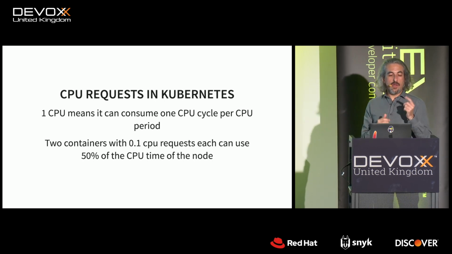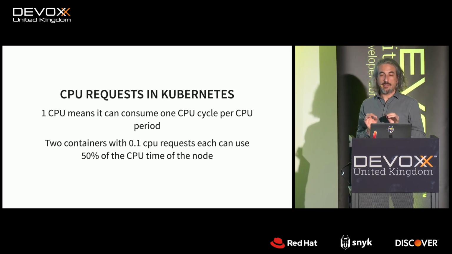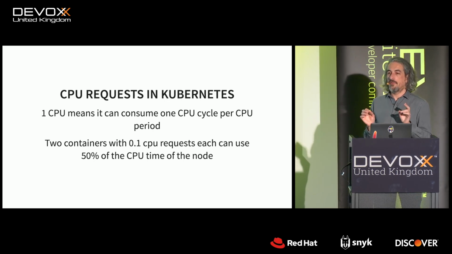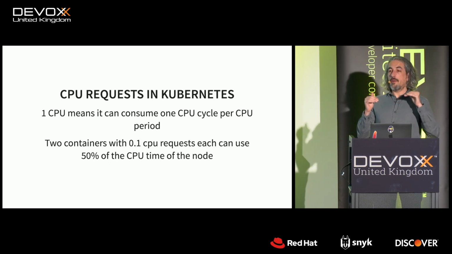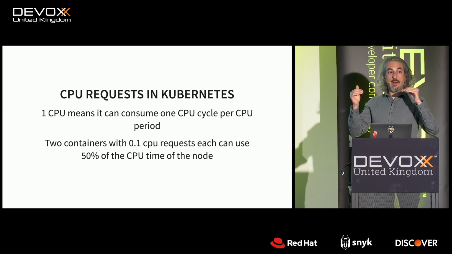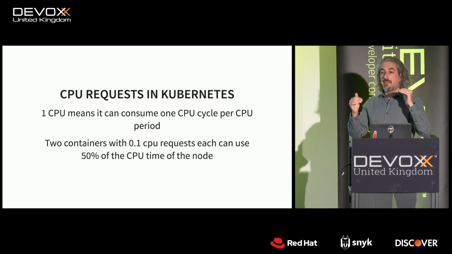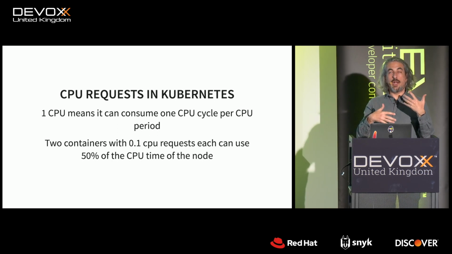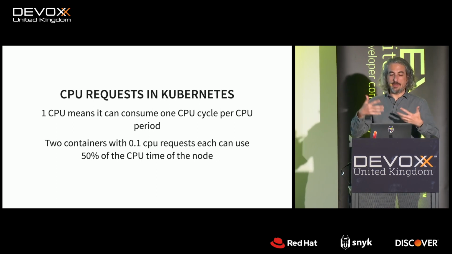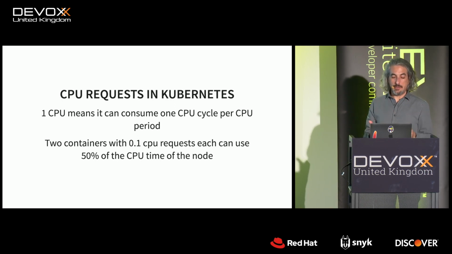So for instance, if you have two containers with very small CPU requests, 0.1, both of them are going to be able to use 50% of the CPU time of that node. So the request is a weight. It doesn't matter that much once the containers are running. What matters is the weight between containers and processes, because at the end of the day, containers are processes.